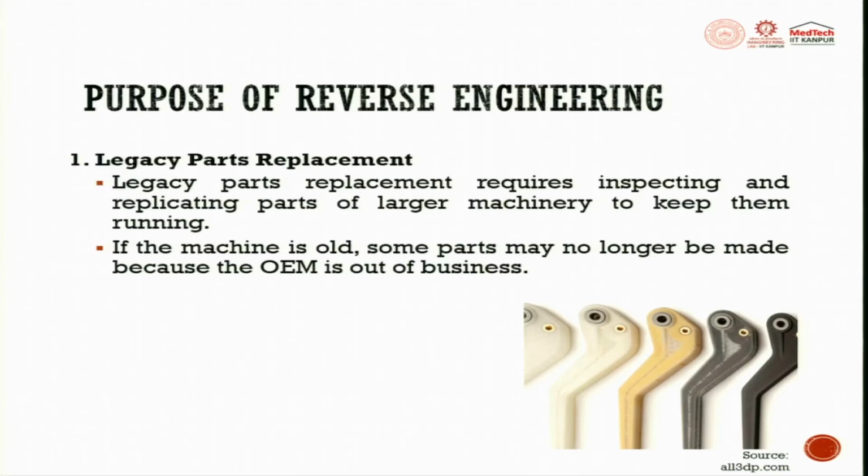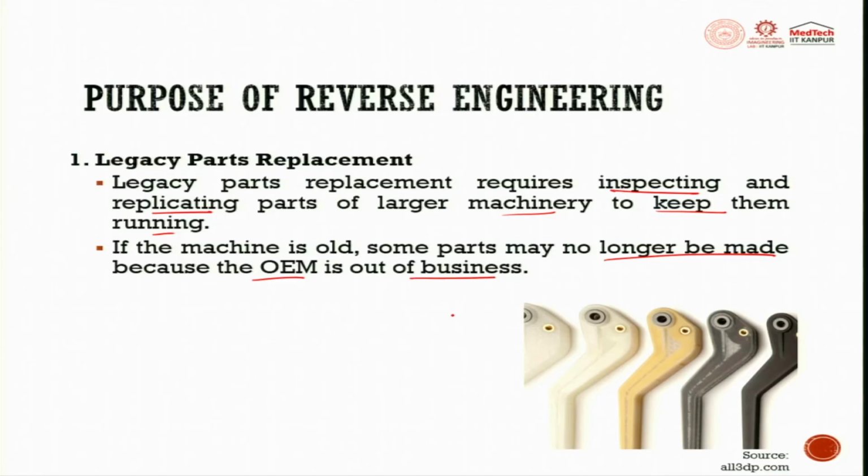Legacy part replacement requires inspecting and replicating parts of larger machinery to keep them running. Now, a factory's big engine compartments keep the conveyor systems functioning through each shift. Sometimes each machine part needs to be replaced, or sometimes the small machine parts are to be replaced. So if the machine is old, some parts may no longer be made by the original equipment manufacturer. So this is out of the business.